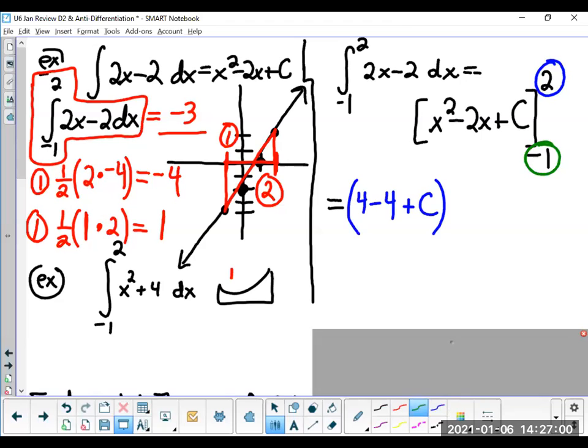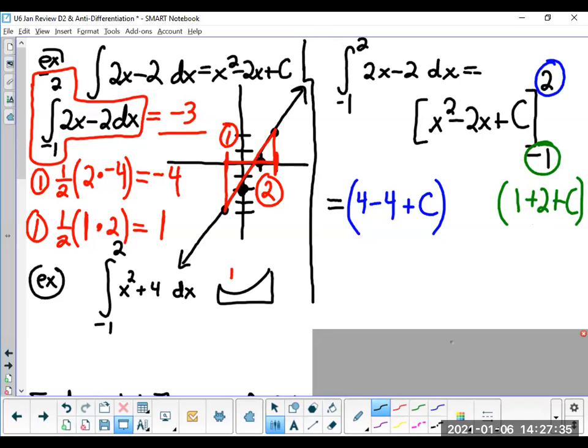Then I've got to do this at -1, so I do -1 squared, that's +1. -2 times -1 is +1, plus c. Okay, that's not correct there. Plus 2 would be correct. Sorry about that. I'm falling apart.